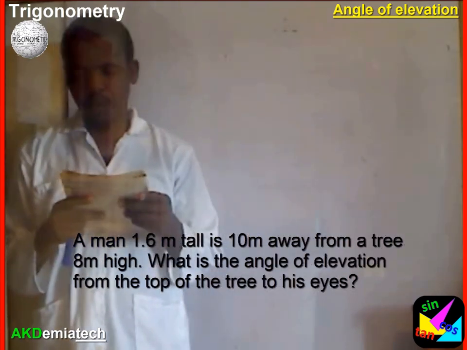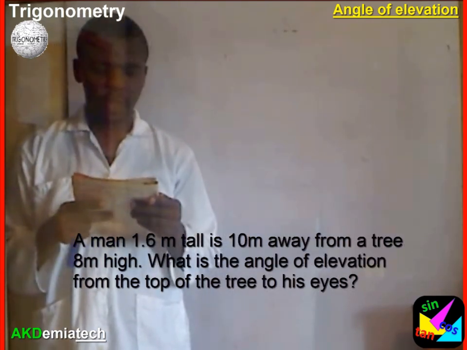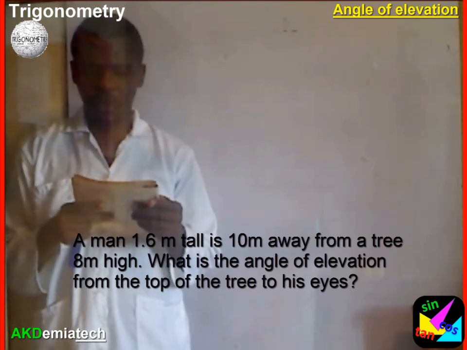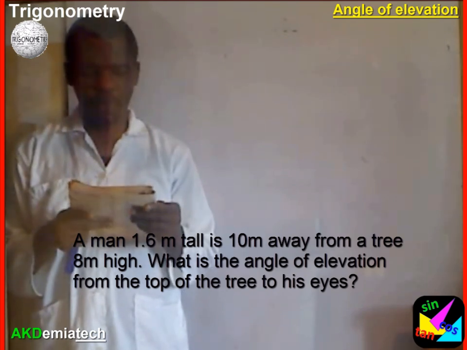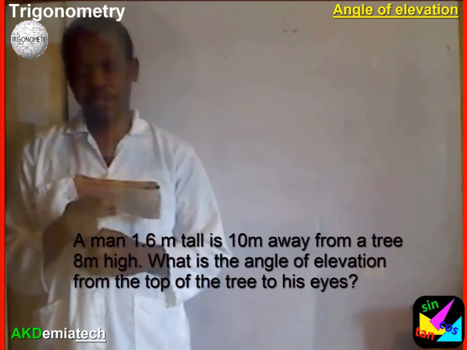A man 1.6 meters tall is 10 meters away from a tree 8 meters high. What is the angle of elevation from the top of the tree to its heights?